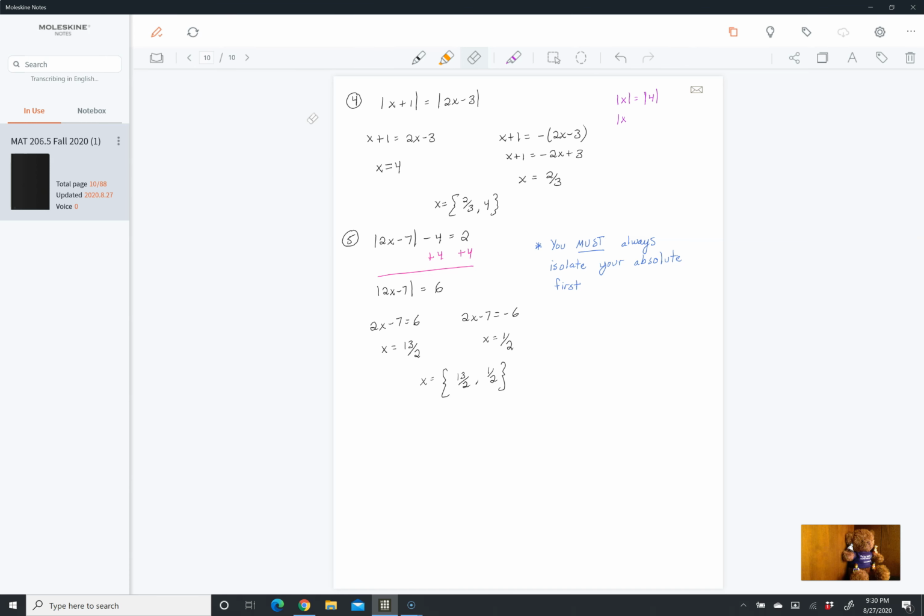Then it's also true that the absolute value of x is equal to the absolute value of -4, right? That's true as well. So what we're saying here is x could be 4, because the absolute value of 4 is 4. And x could be -4, because the absolute value of -4 is also equal to the absolute value of 4, right?